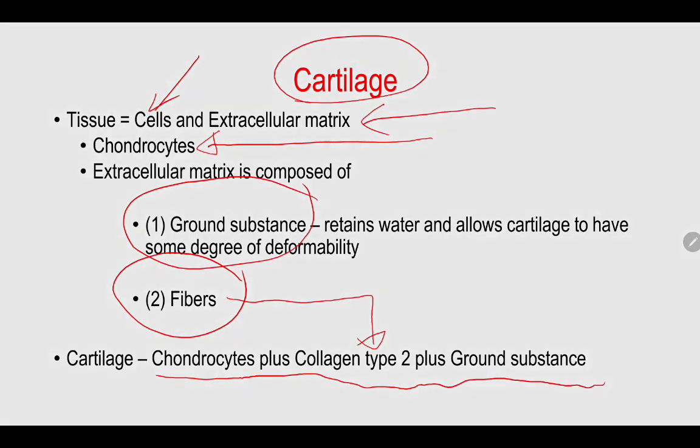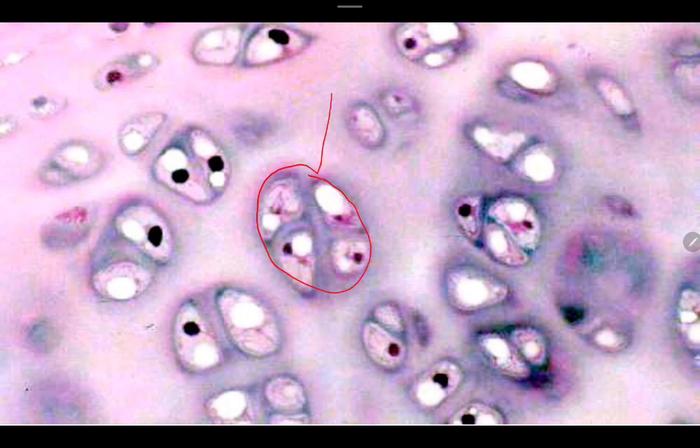So, this is an example of a picture of a cartilage. This is the cell. Itong area na to, yung kung saan sila nakasuspended, is the ground substance. Can you appreciate yung mukha ng ating mga fibers there? Of course not, no?